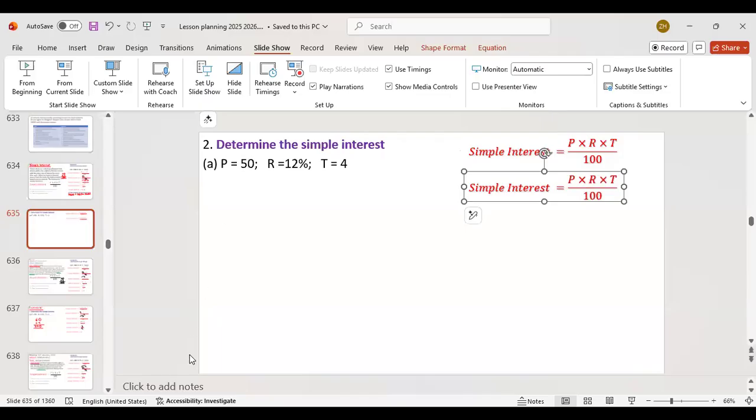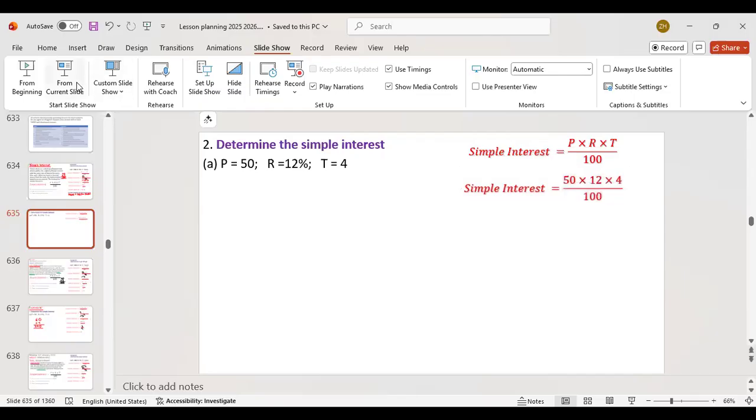By the way, the principal is the amount borrowed or invested, which is 50. Multiplied by the rate. What is the rate? 12%. And what is time? Time in years is 4.